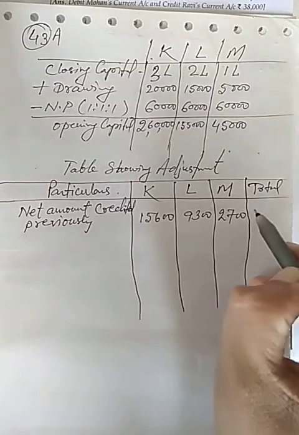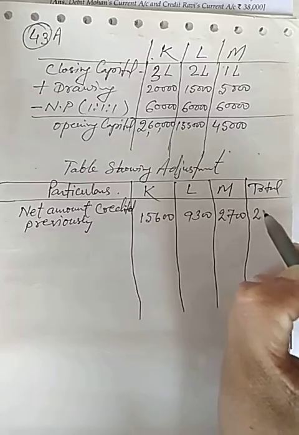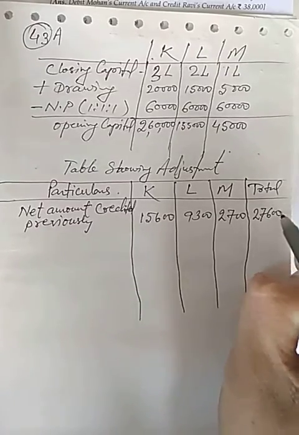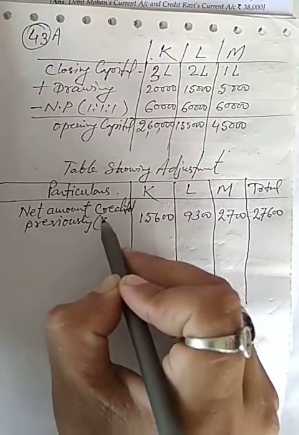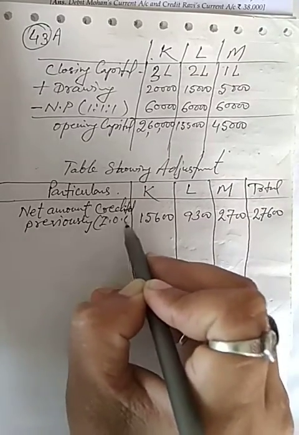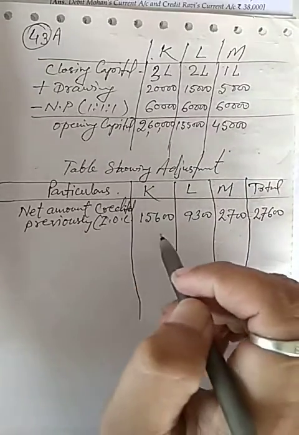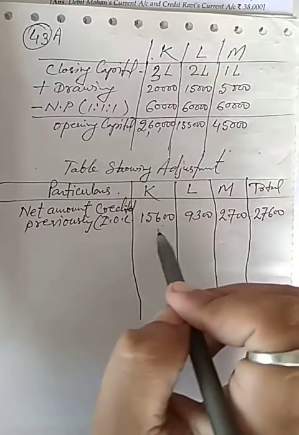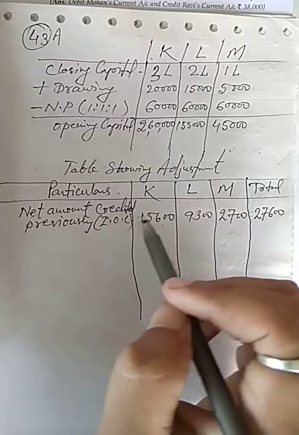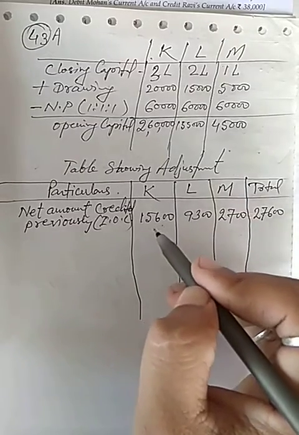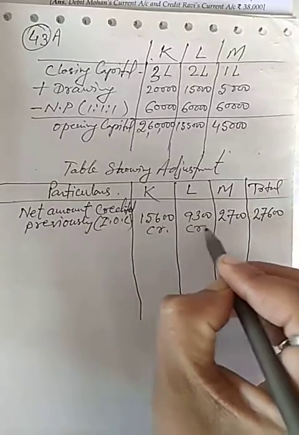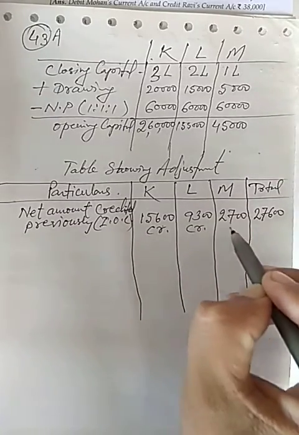Total will be 27,600. This will be interest on capital at the rate of 6% per annum. So we will credit it, because interest on capital was not given.